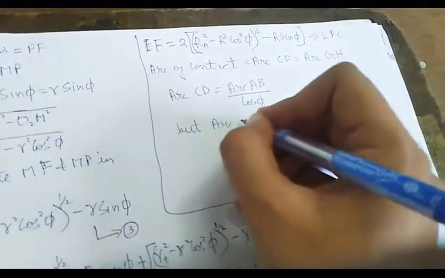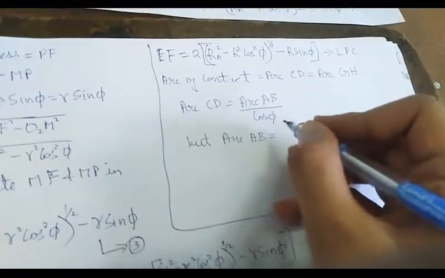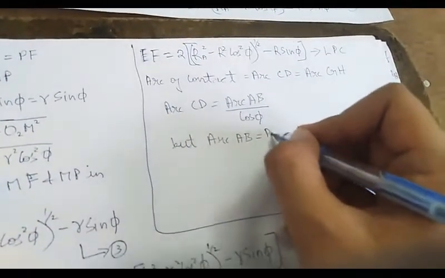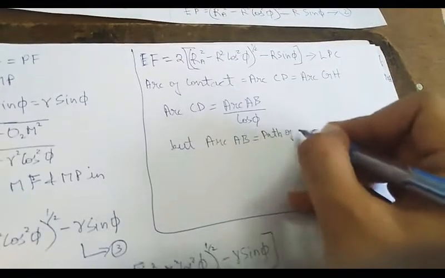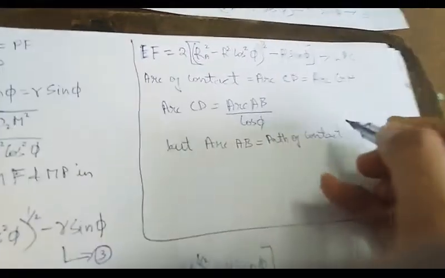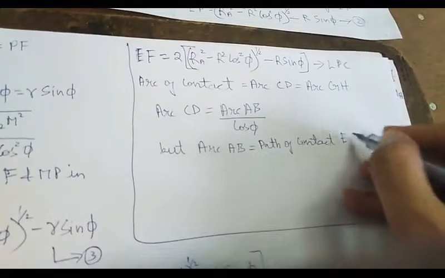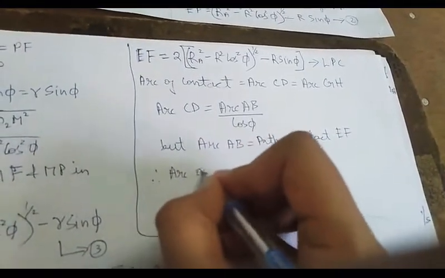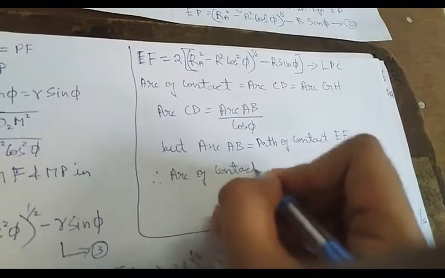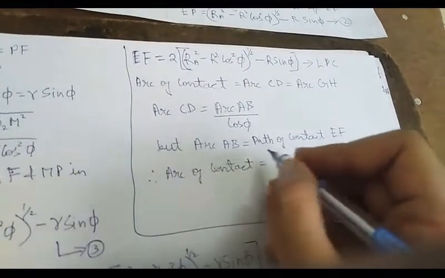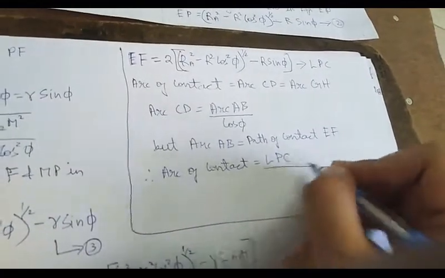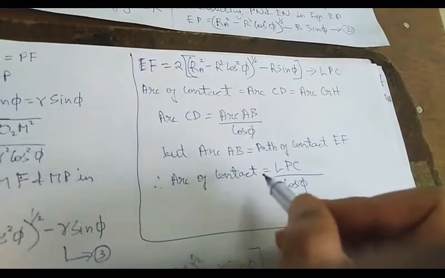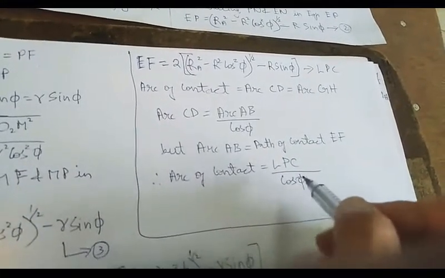But arc AB is equal to path of contact EF. Therefore arc of contact is equal to length of path of contact divided by cos phi.